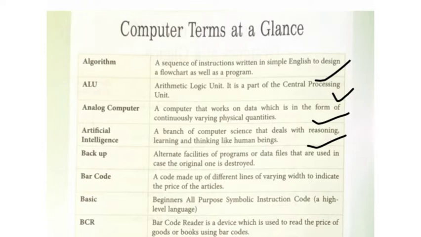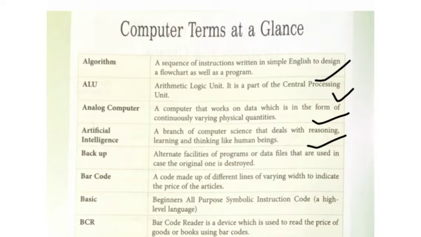So saving the duplicate file is called backup, right? When you have some way to store your data in a duplicate form, that is known as backup.